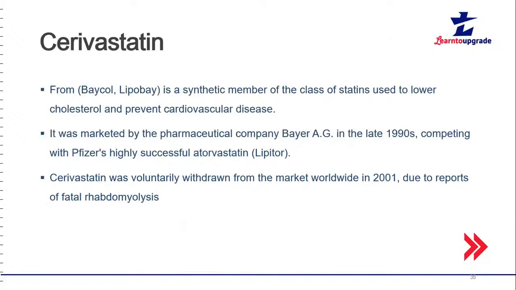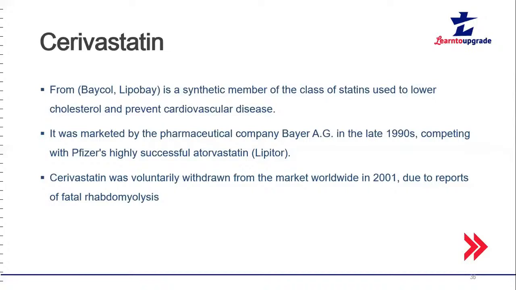Statin is there. Okay, it is one of the good molecules from the Bayer company for cholesterol. By the name you can see, it's mainly for cholesterol and preventing cardiovascular disease. So the company took out this product to compete with the atorvastatin Lipitor product, which was from Pfizer and selling like anything.